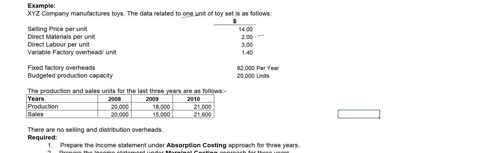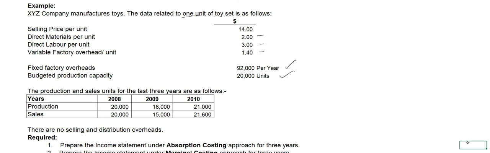Direct labor per unit 3. Variable factory overhead is $1.4, and you are given fixed factory overheads of 92,000 per year, and budgeted production capacity is 20,000. So the production capacity is 20,000.